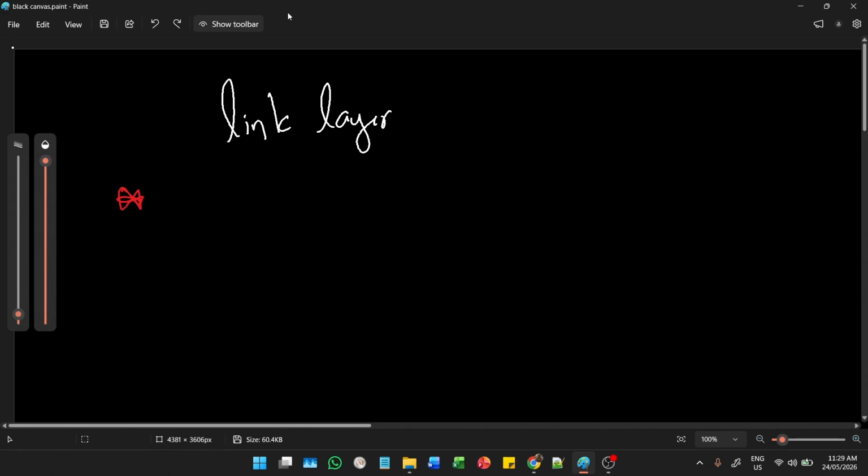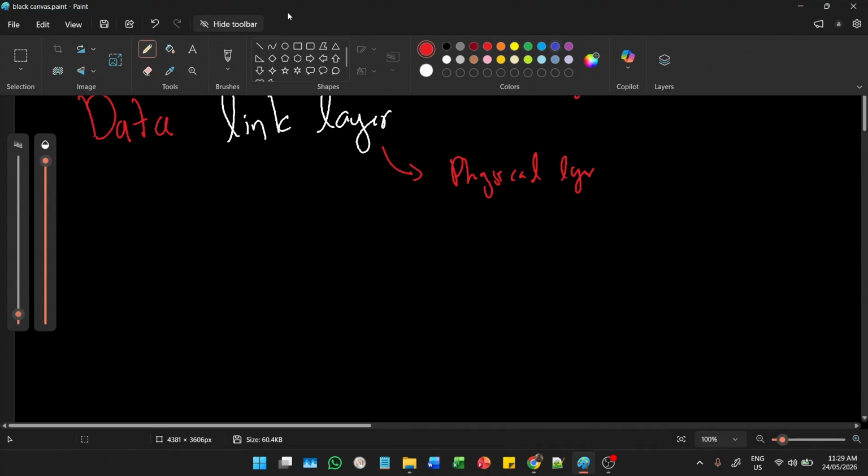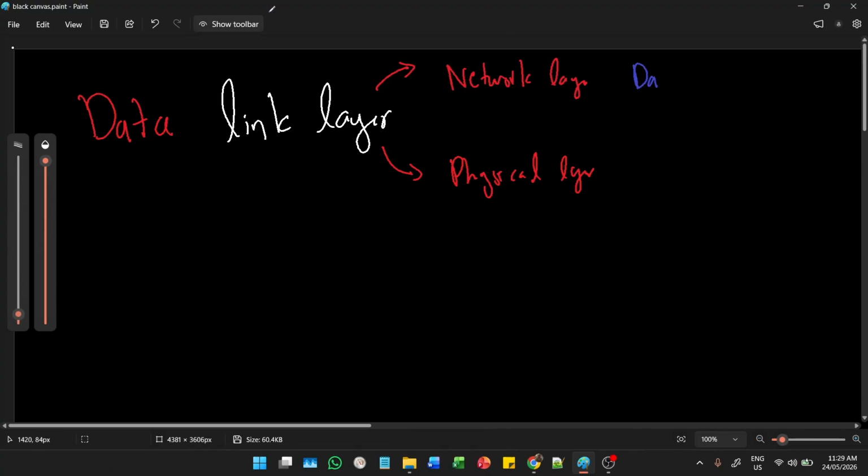So let's move on. The link layer is also called the data link layer. Before that, we have the network layer, and afterwards we have the physical layer. The network layer sends datagrams, whereas the link layer has frames, which will be converted in the physical layer to bits.